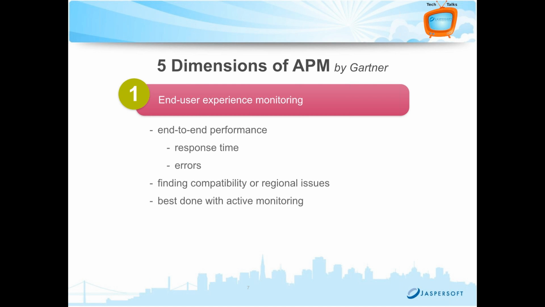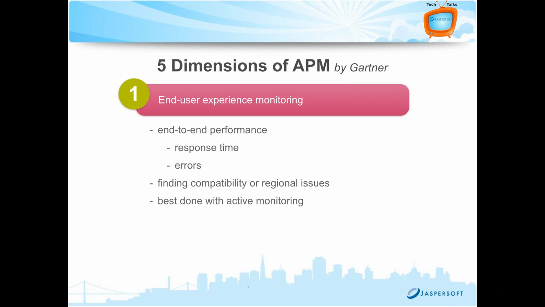So they called that the 5 dimensions of APM. Now, APM stands for Application Performance Monitoring, which is just a fancy way of what we're talking about here, so it's monitoring. And they defined these 5 areas of functionality, and I'm just going to quickly go through them.